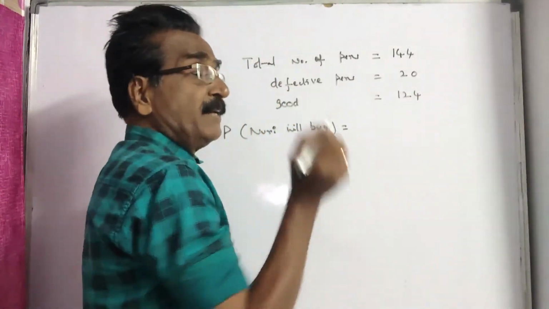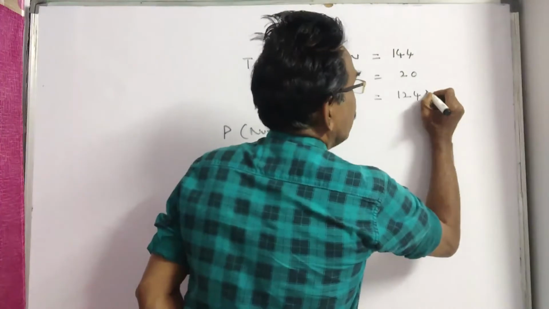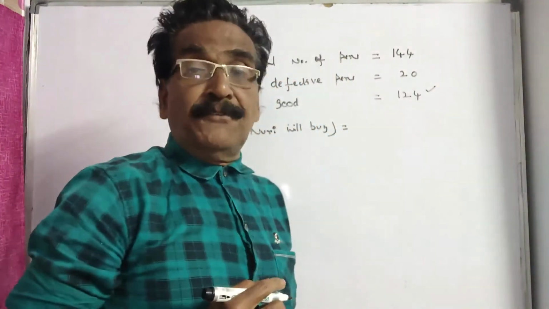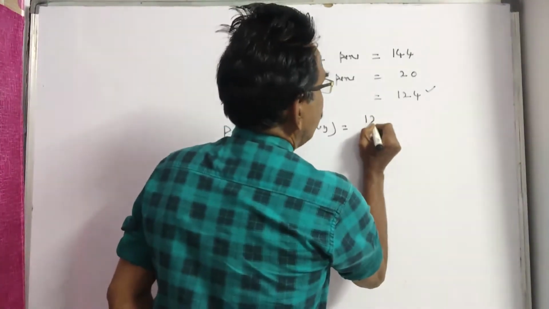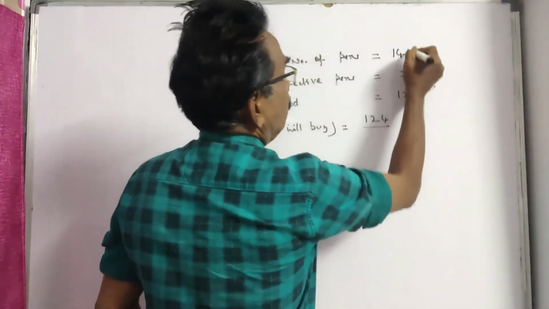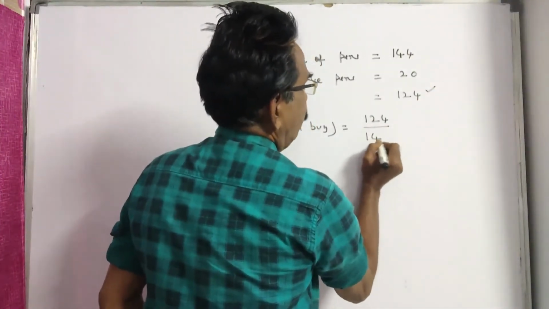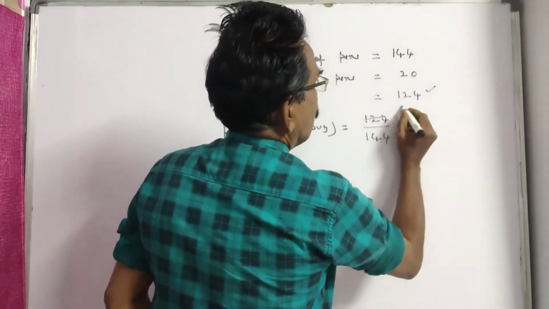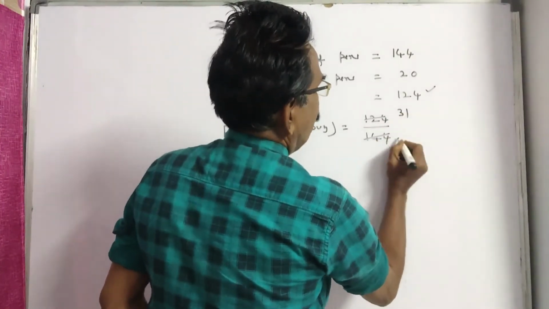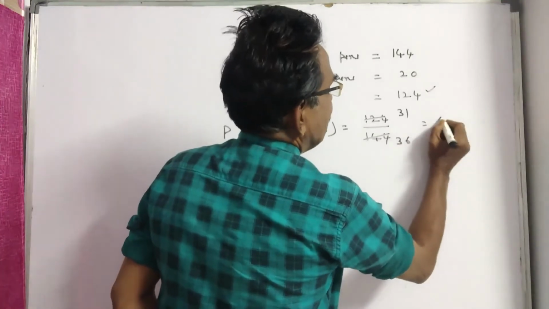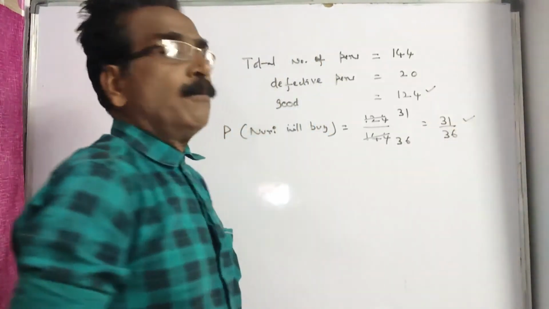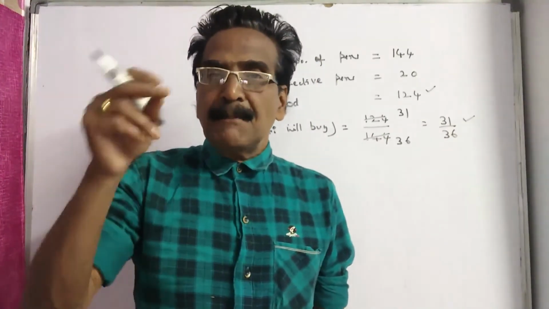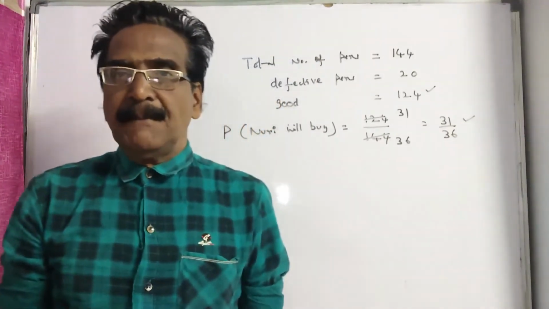Nuri will buy the pen if the pen is good. So how many outcomes are favorable? 124 outcomes are favorable. Of course, the total number of outcomes is 144. So 124 by 144, for 4s, 31 by 36 is the probability that Nuri will buy the pen.